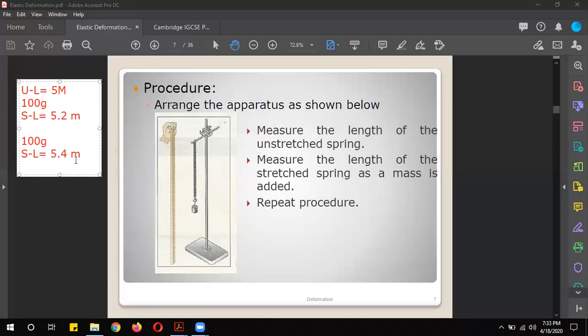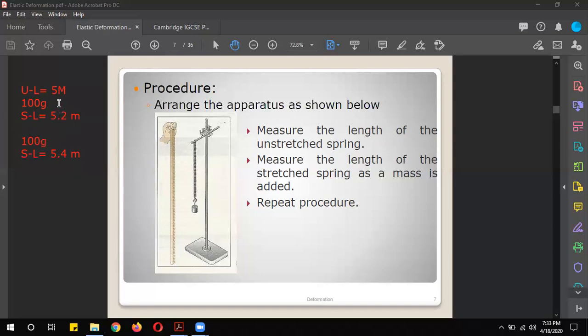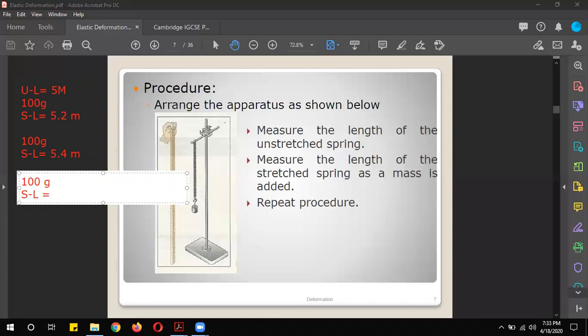Now you can see that there is a drastic change in its length. And how much change is it when we add 100 gram? So there comes a 0.2 meter change in its length. Yes sir. So if again we add 100 gram, the stretched length will become equal to 5.6 meter.